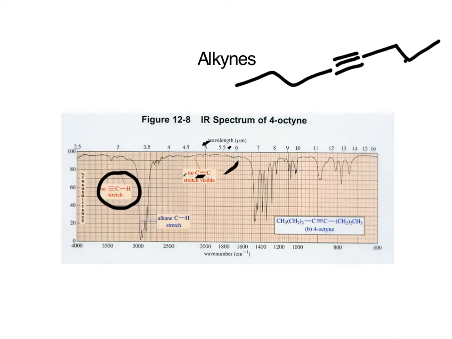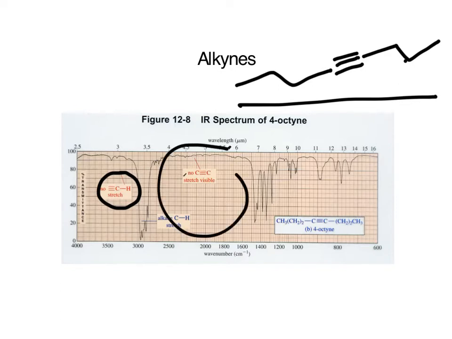That should make sense as well, because what did we say about bond polarity? The less polar the bond, the less you see it in IR. And there is a symmetry to this molecule which prevents it from pulling on one side or the other, so nothing shows up. So IR can be very deceptive at times. Clearly there's an alkyne here, but we see nothing in the IR to indicate that. So you always have to be very careful about what you see and what you interpret from IR.